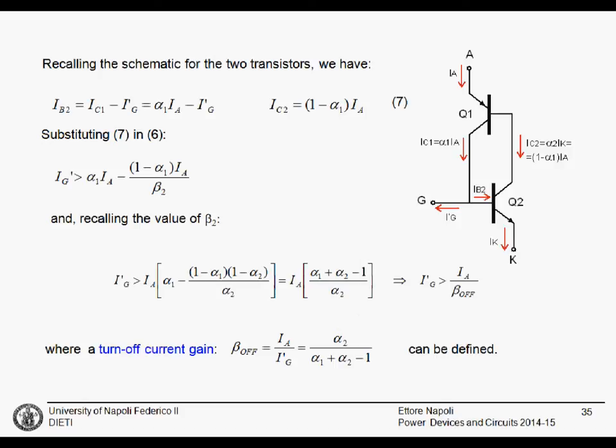It is better to write this relation like Ig must be larger than the anode current divided by beta off, that is the turn-off current gain. That is the ratio between the anode current and the gate current that we need to switch the device off.